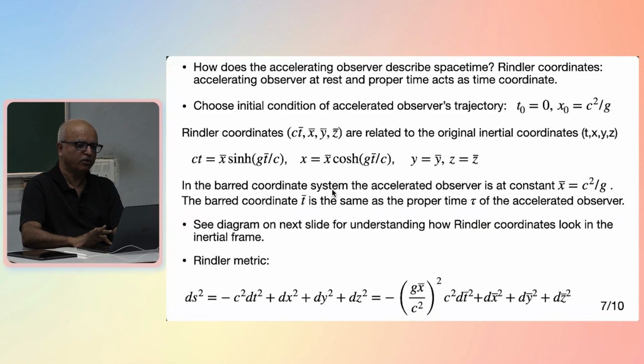In the barred coordinate system, the accelerated observer is at constant x bar given by c square by g. Why I chose this number? Start at t equals t bar equals 0. At t equals t bar equals 0, x is equal to x bar.